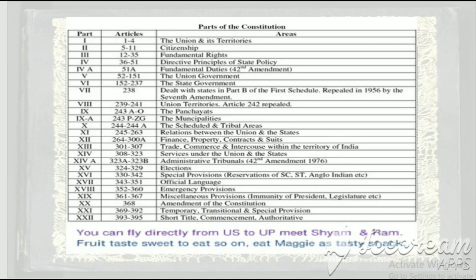You just need to memorize them because it is very important and very frequently asked in the examination. Most important are part 9 that deals with the panchayats, and 9A that deals with the municipalities. These two are extremely important, as they are quite often seen in different examinations. You can see that in the last two lines I have given you the trick to remember the parts of the constitution.